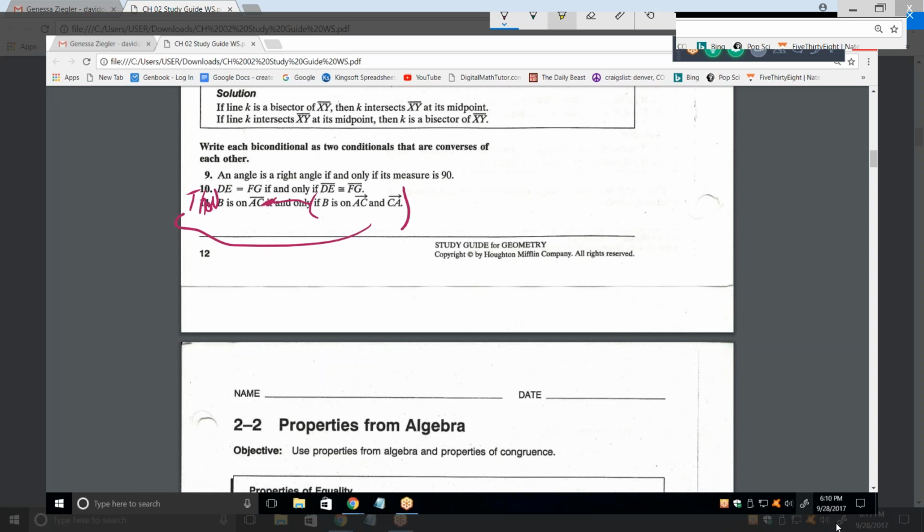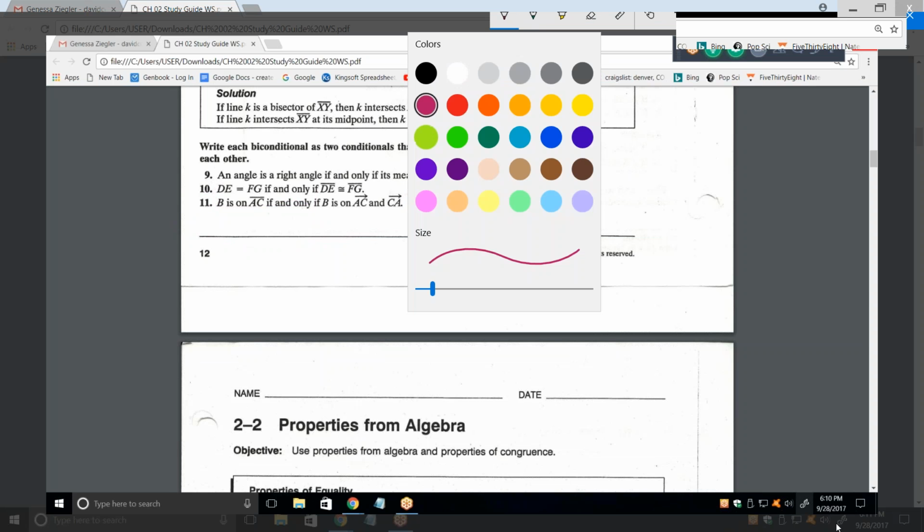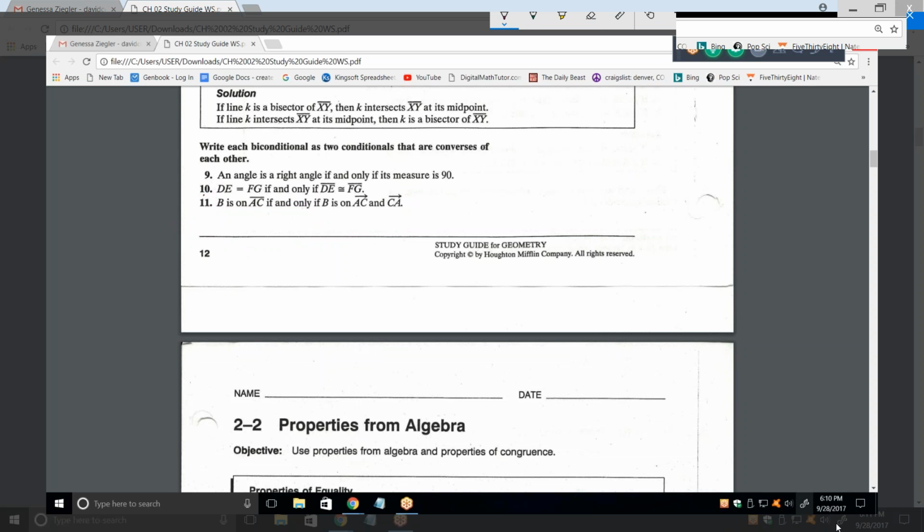Now, I don't know why I started in the middle. It's actually easier to start at the front. In other words, if I just add an if to the beginning, then you would say, if B is on AC, then cross that middle part out and replace it with a then.